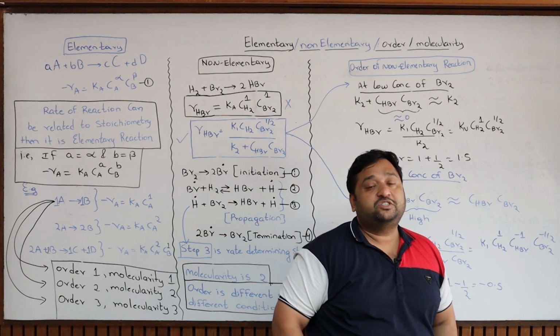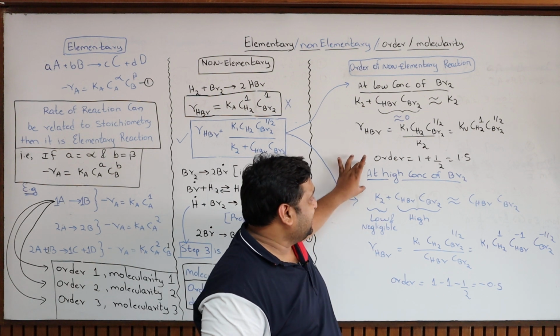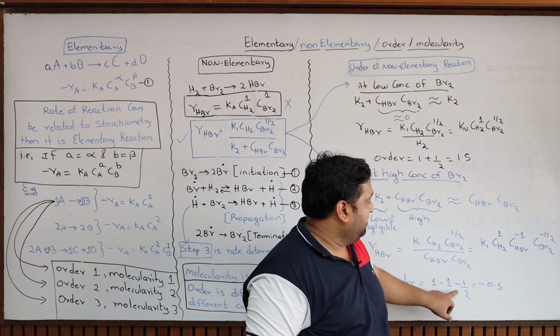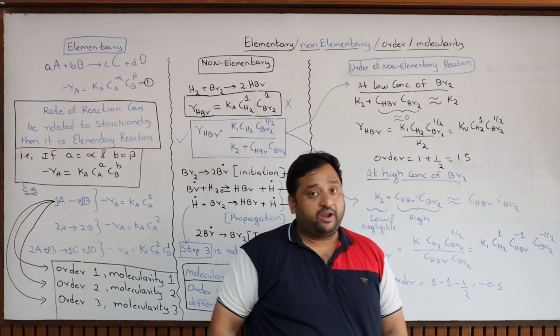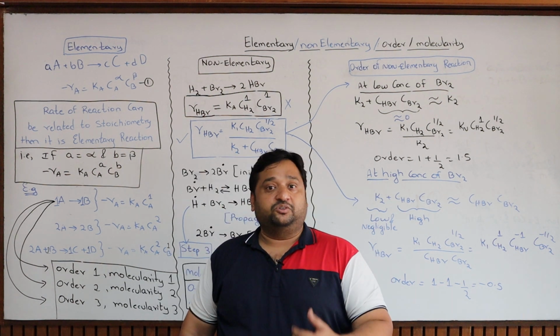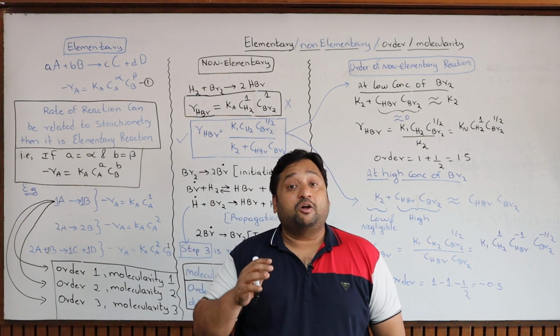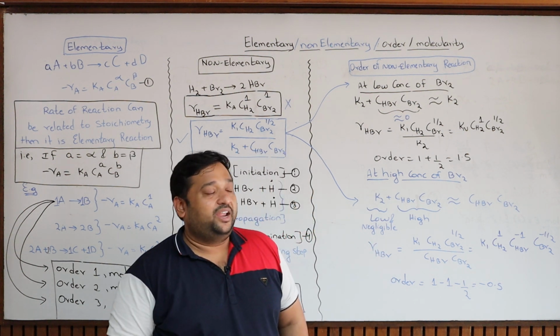Now you measure the order. The order of this reaction at these conditions is 1 minus 1 minus 1/2, which is minus 0.5. Orders can be fractions, orders can be negative. So in this case you find the order of the reaction is negative.